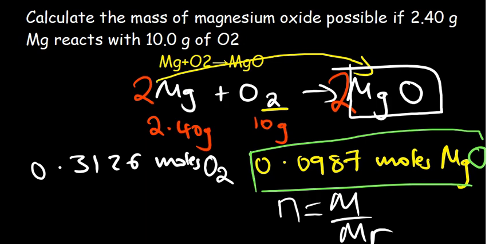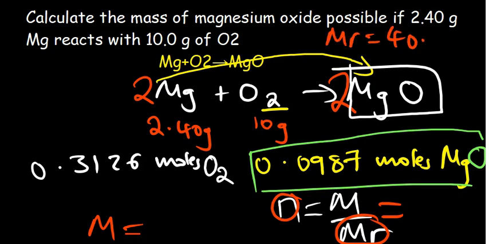So our mass is obviously going to be a product of the number of moles and the molar mass. So I'll go direct. I'll multiply the two. The molar mass I've found is 40.304. The units are grams per mole. So multiply directly the number of moles times the molar mass to give you the mass.